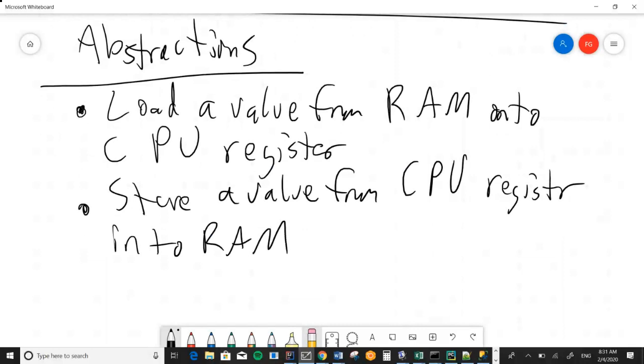So this is huge. This is an enormous amount of what an assembly language program does. It's just moving values between RAM and the CPU. And when I say onto the CPU, what I mean is the CPU has its own registers, which are the main places where it does computation. A really basic CPU might have as few as 3 registers, while many modern CPUs have as many as 64 registers right there on the CPU.